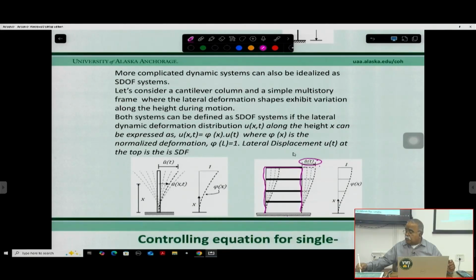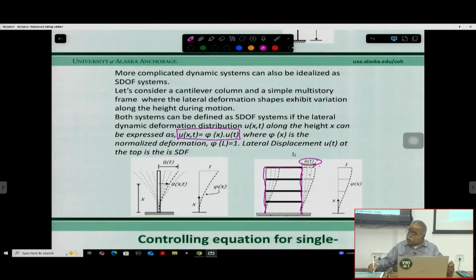If it is attached to the ground, then the maximum displacement will be at the top, and these functions we like to evaluate, right? So u(x,t), that means at any height and any time, is given by a functional form which equals phi(x) times u(t). Phi(x) is the x-dependent part.